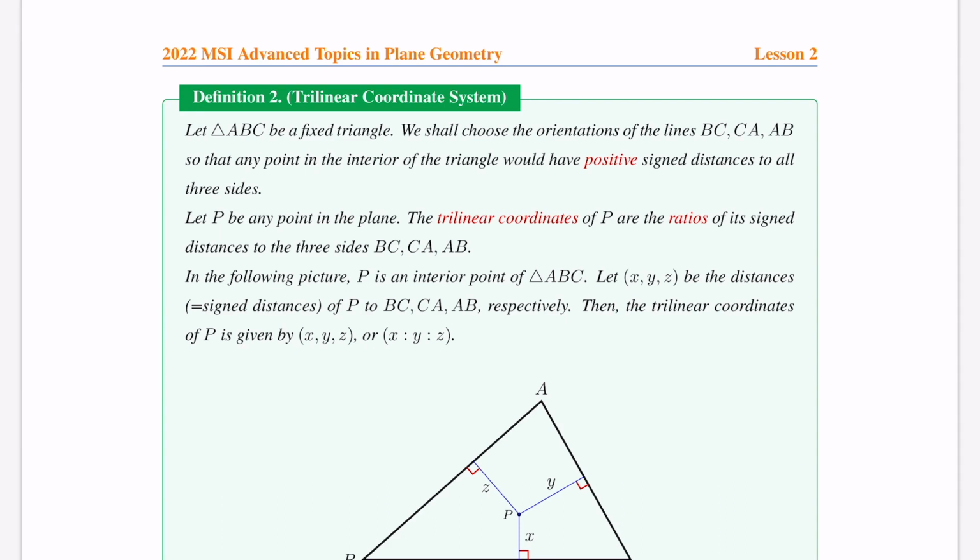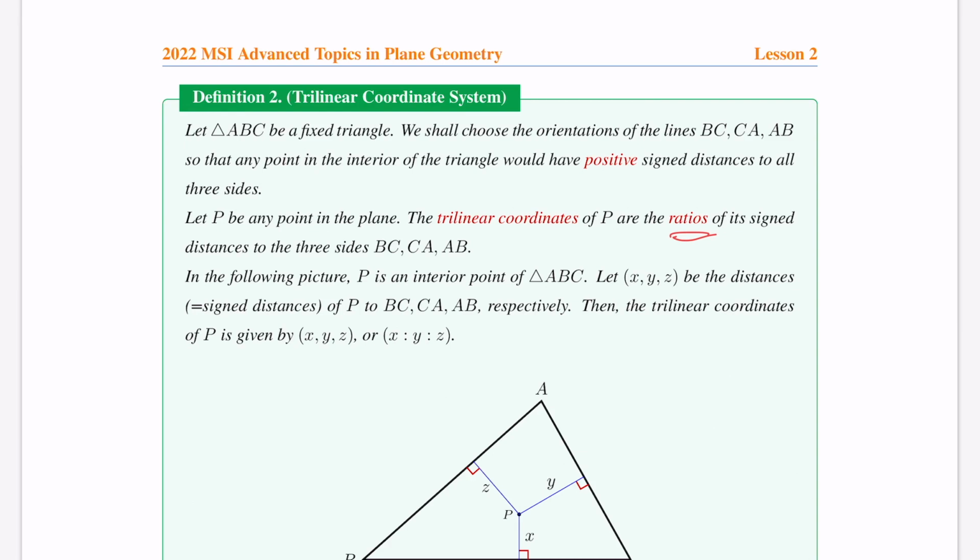And the trilinear coordinates of P are the ratios of its signed distances. We don't need to know exactly what the distances are; we just need to know their ratio. And the ratio gives us the trilinear coordinates of the point P. So there's a unique way, if you use x, y, z, to determine P. In fact, there's a transformation from trilinear coordinates to Cartesian coordinates.